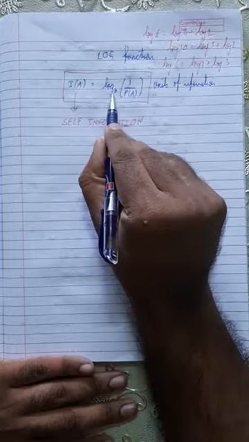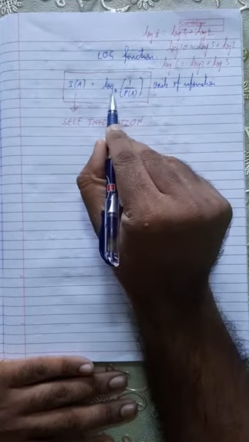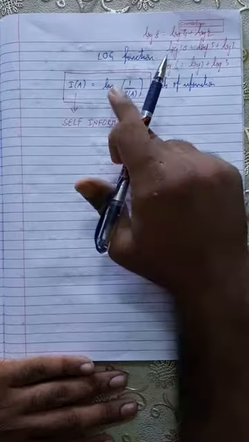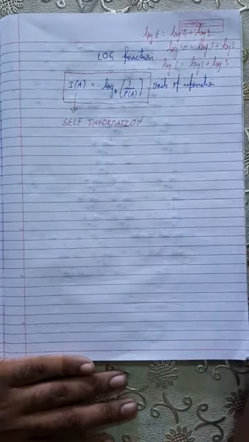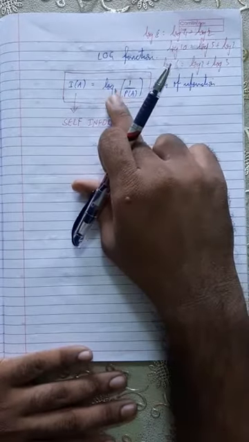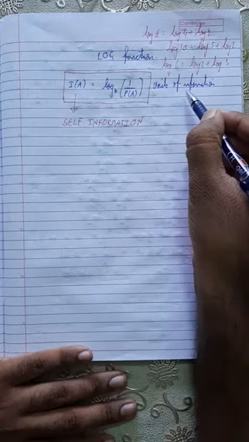The base represents the base of the logarithmic function, or the number of messages. If there are only two messages, 0 and 1, the base will be 2. If there are 10 messages, then the base is 10. Depending on the value of the base, the units of information are different.